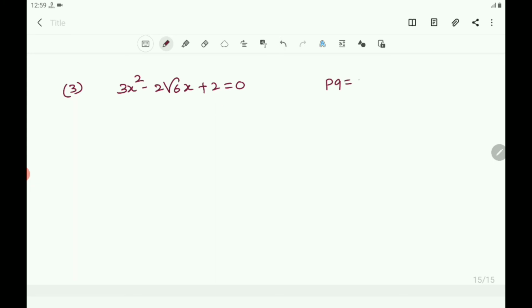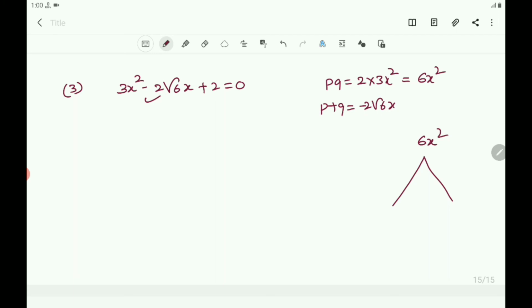PQ equals what? 2 into 3x square, that equals 6x square. And the sum of the terms P plus Q, that is the middle term, minus 2 root 6x. And here the product is having positive sign, 6x square positive. Both the factors must have the same sign, that is the sign of the middle term.